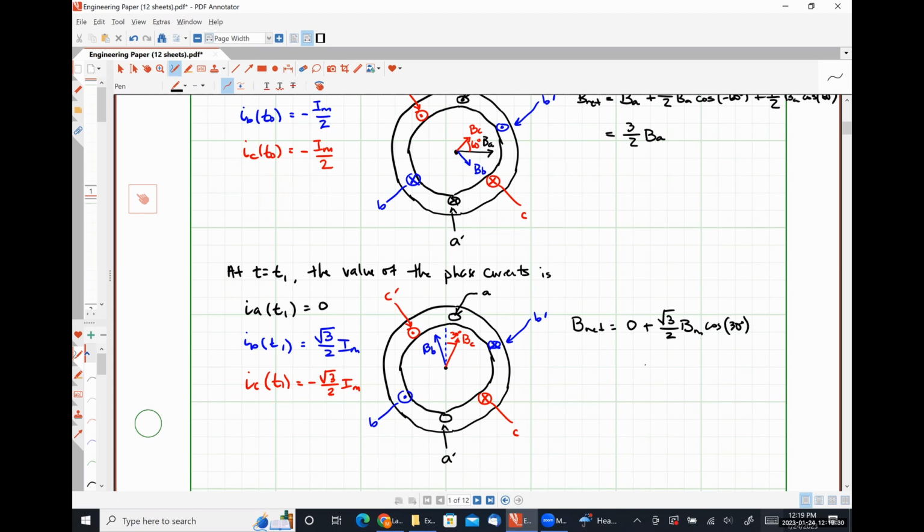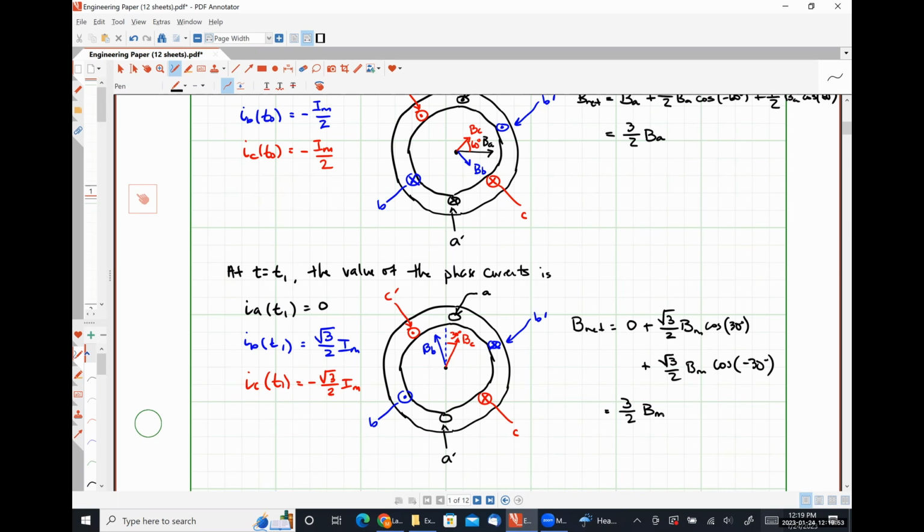And then we're going to add to that square root of 3 over 2 BM cosine negative 30 degrees. And this comes out to be, when we add all three of them together, 3/2 BM directed straight up.